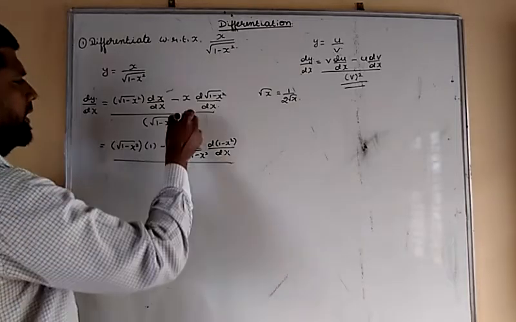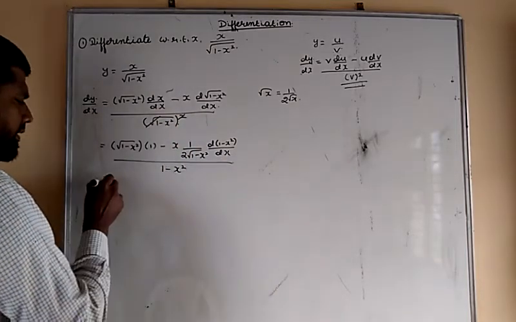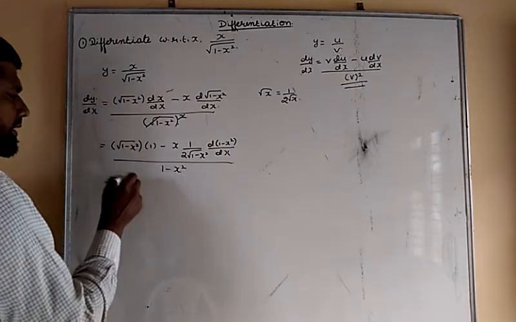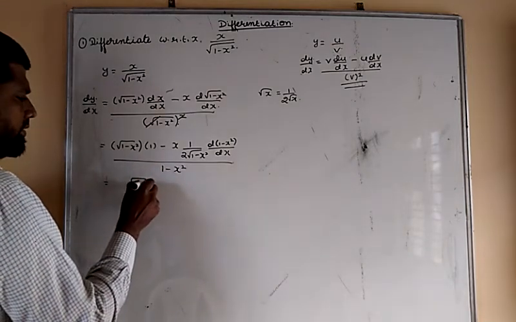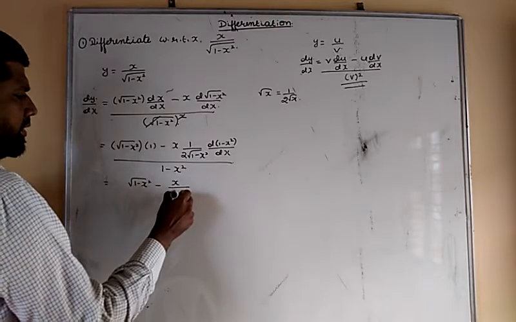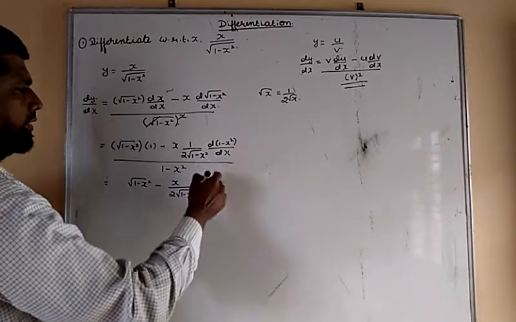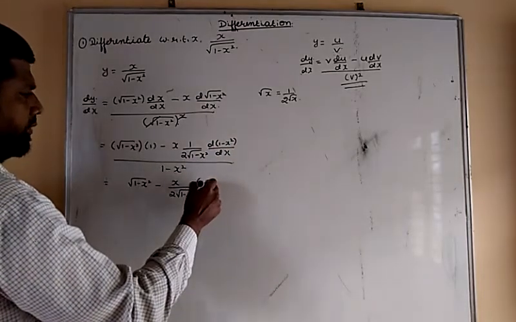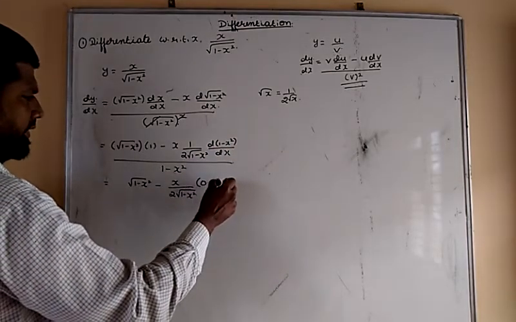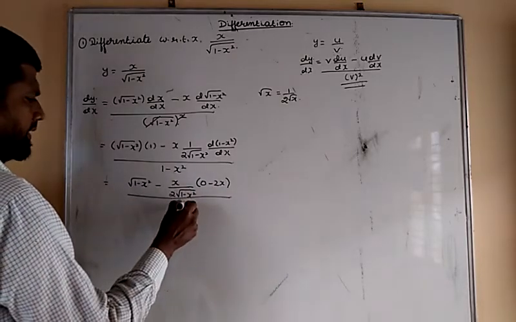Then square and root get cancelled. The remainder is 1 minus x square. Then root of 1 minus x square into 1 is root of 1 minus x square, minus x by 2 root of 1 minus x square into differentiation of this. Differentiation of 1 is 0, x square differentiation is 2x, divided by 1 minus x square.